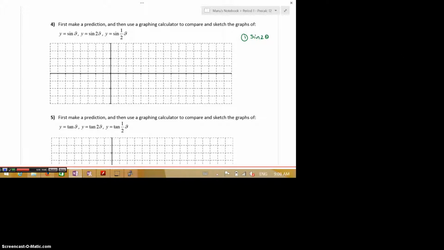Horizontal compression by 1/2. So you're saying it's going to be a horizontal compression by 1/2. Good. So the sine graph is going to get squished horizontally. And then what about the second one? I'll put that in red.